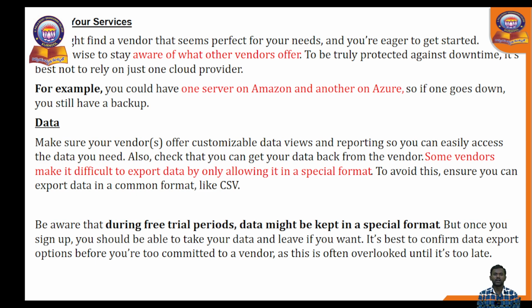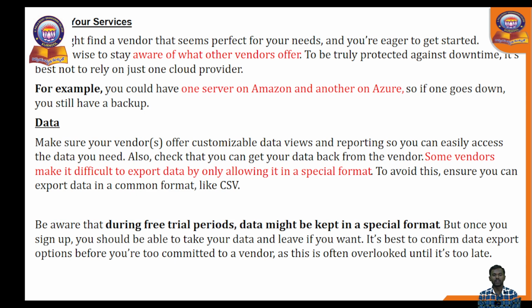Next, coming to the data issue. Some vendors make it difficult to export data, allowing downloading and uploading only in a specific format. This leads to complications while uploading and downloading data.